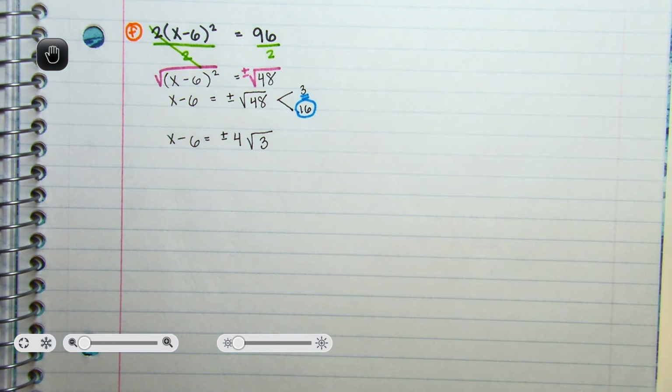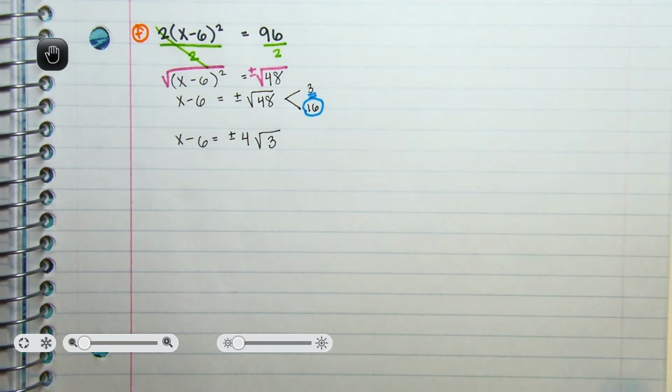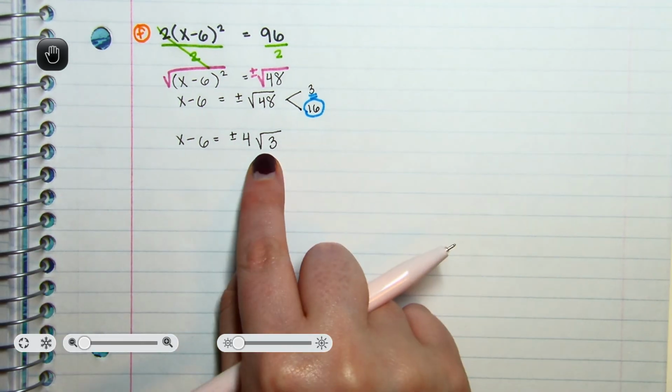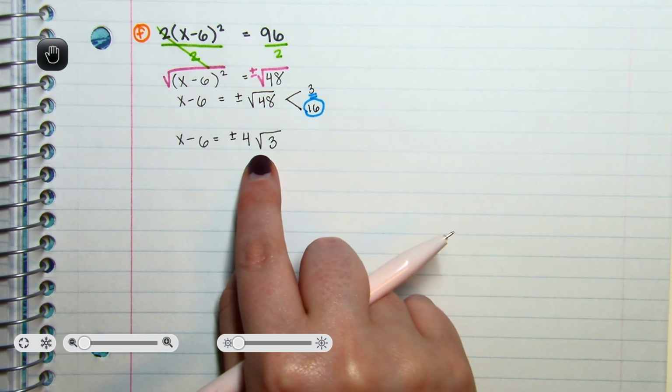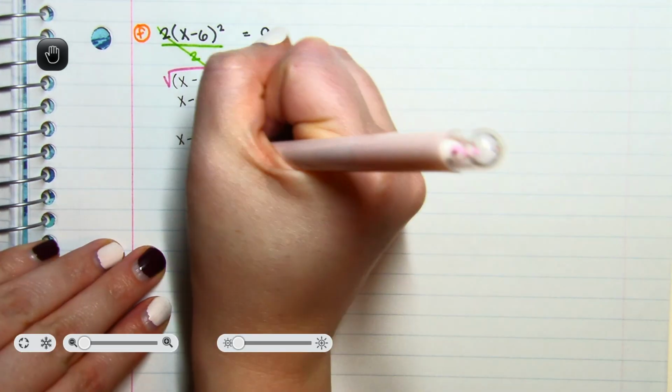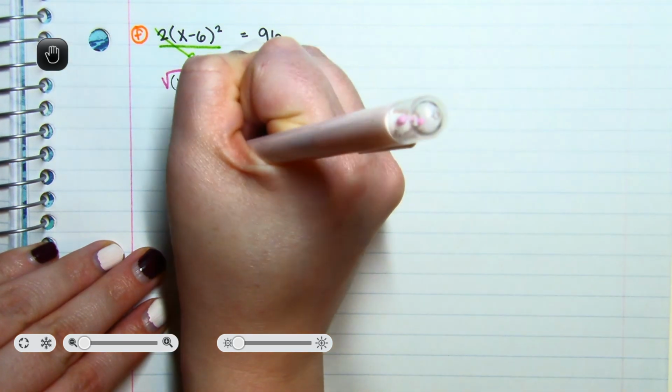All right, now one last step is we still need to get the x by itself. So this is the part where it's a little bit different than what we've seen so far, because we have a radical over here and not just a whole number. So when I do this, I'm going to do this in regular pen this time.